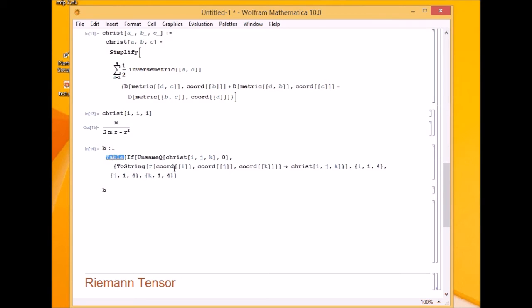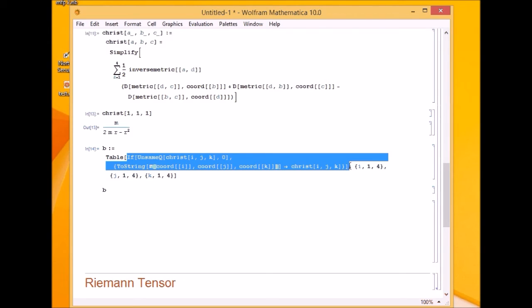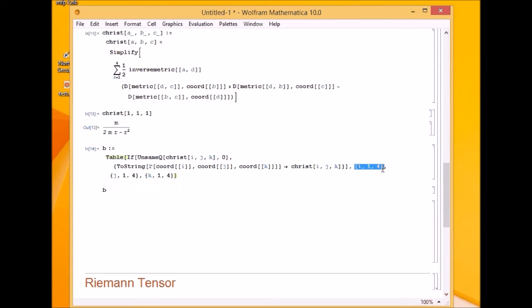A table works in the following way. When I write table, this whole thing is my first argument. Here I write what needs to be put inside the table, and the rest of the arguments are the indices which will run from where to where.